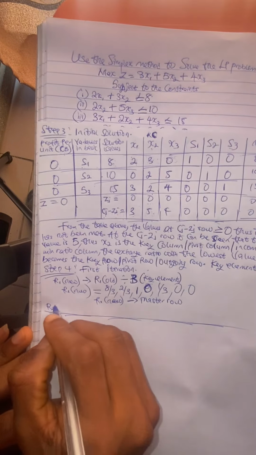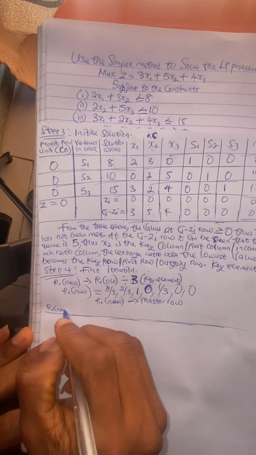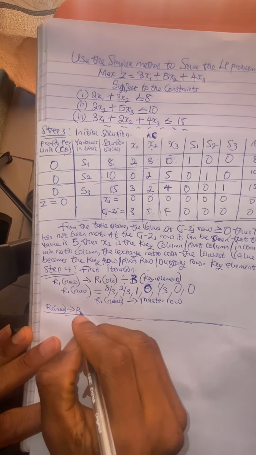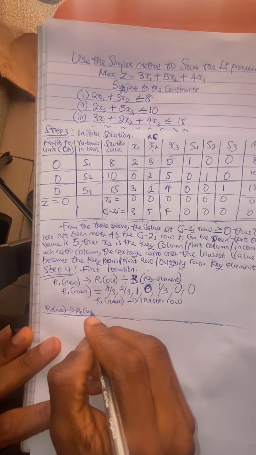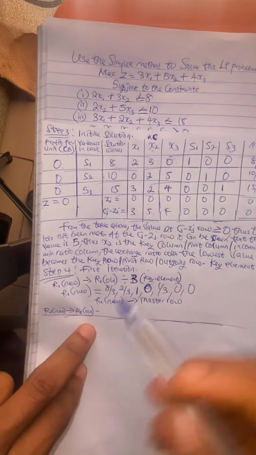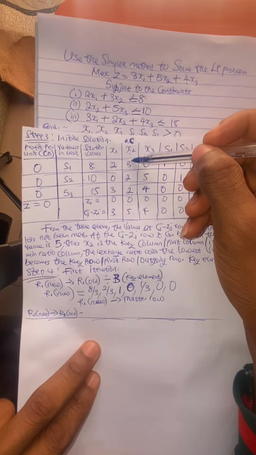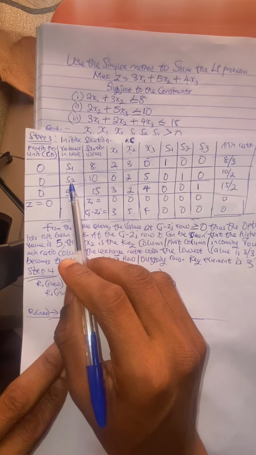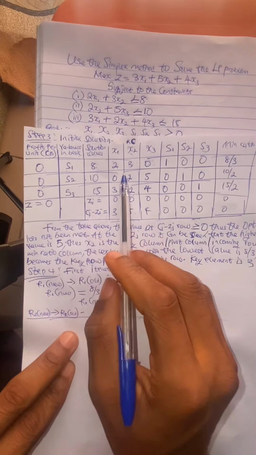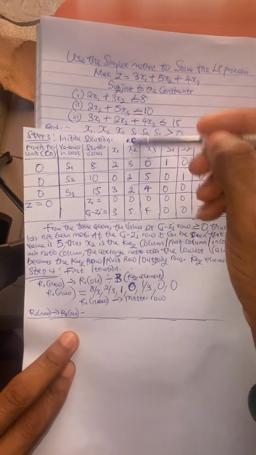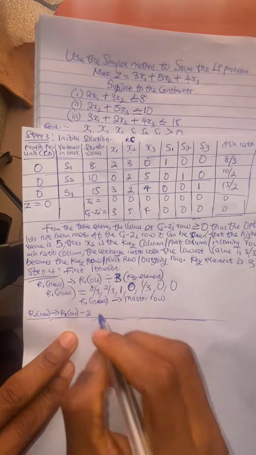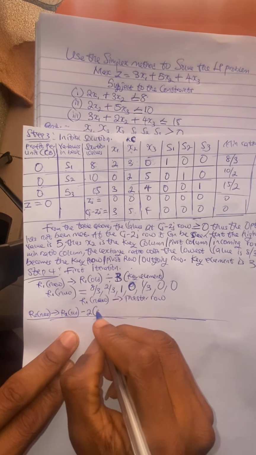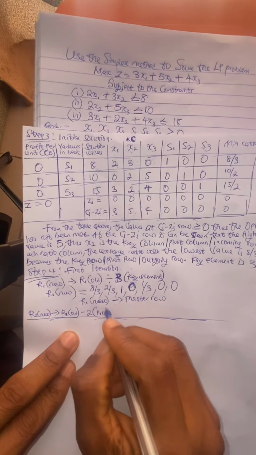So your row 2 new will now be your row 2 old, right, minus, you now look at your key column. The value that corresponds with your x2, which is your row 2, the value at the key column is 2. So it will be minus 2, open bracket, row 1 new.